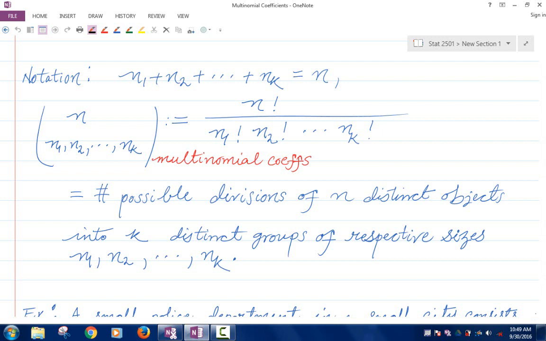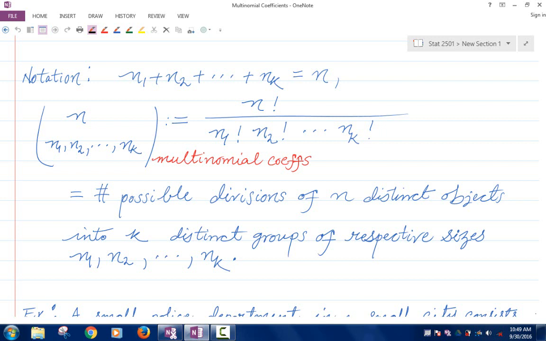So this is like a symbol like the binomial coefficient. What is the multinomial coefficient telling you? It is telling you the number of possible divisions of n distinct objects into k distinct groups of respective sizes n1, n2, dot dot dot, nk. Why don't you write that down, and then we're going to end.